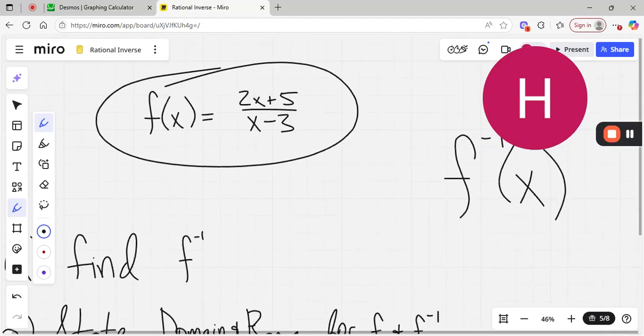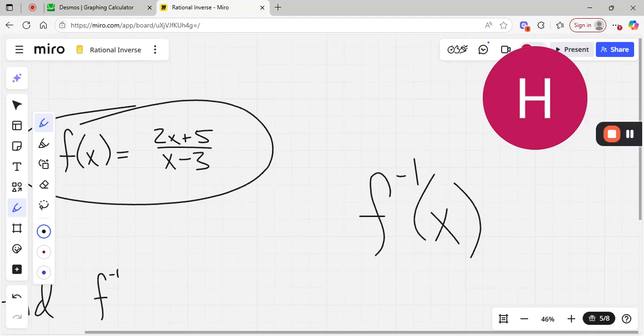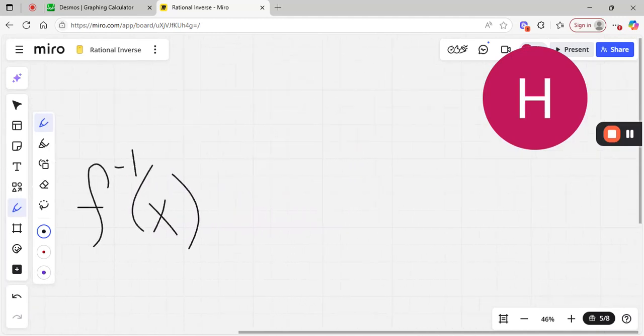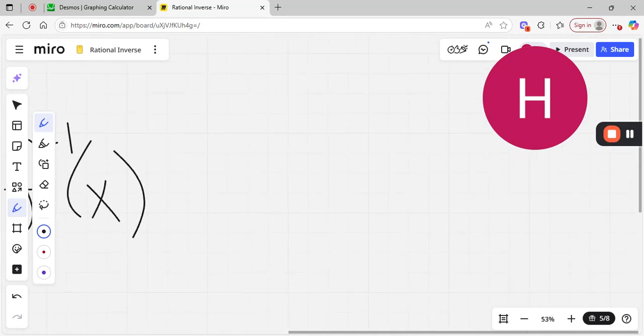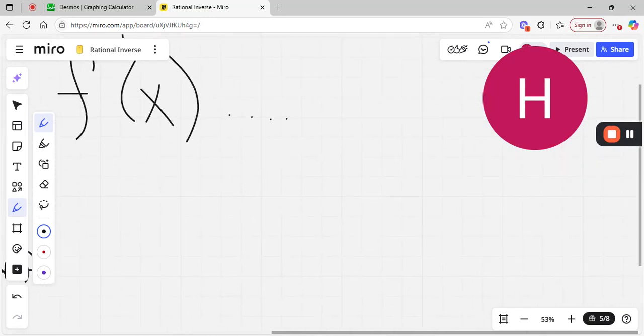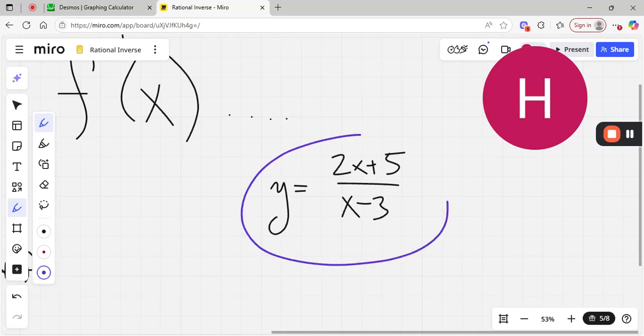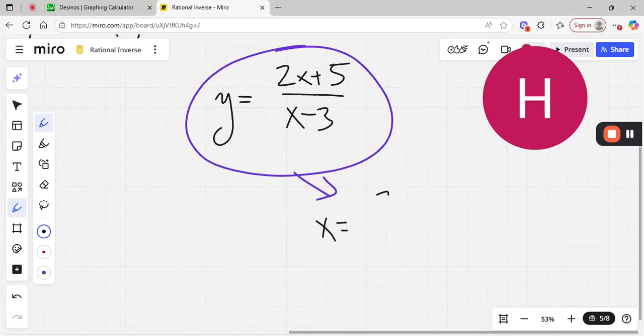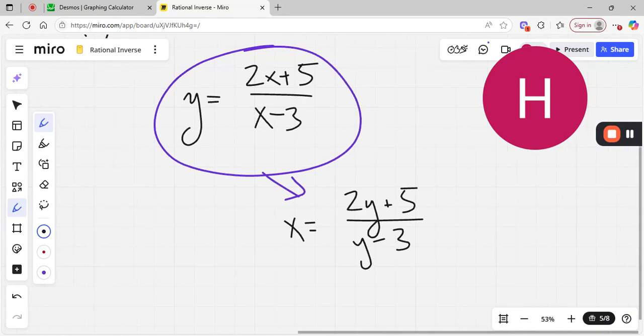So in order to find f inverse, a lot of times what we do is we switch the x and the y, and we solve for the y all over again. So before we get what f inverse is, let's just mention that y equals (2x plus 5) over (x minus 3) is going to transform into x equals (2y plus 5) over (y minus 3), where now the y stands for the inverse.